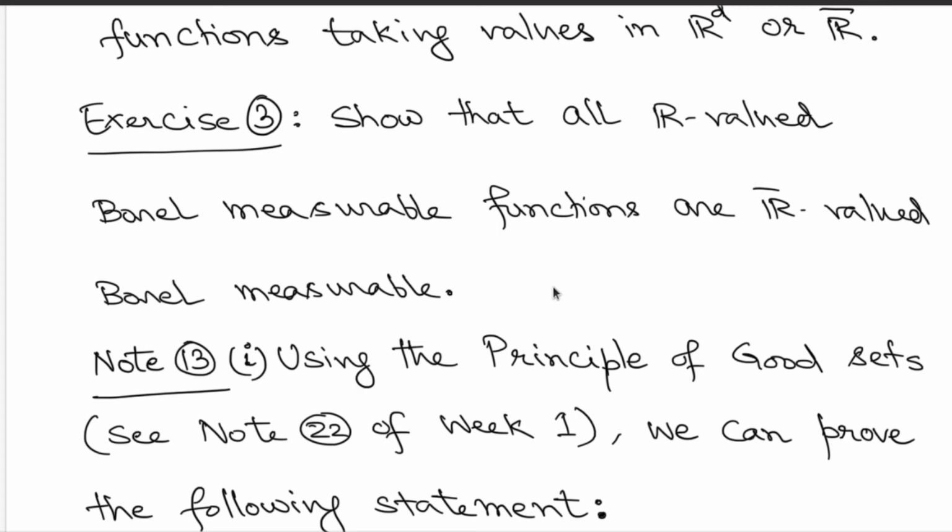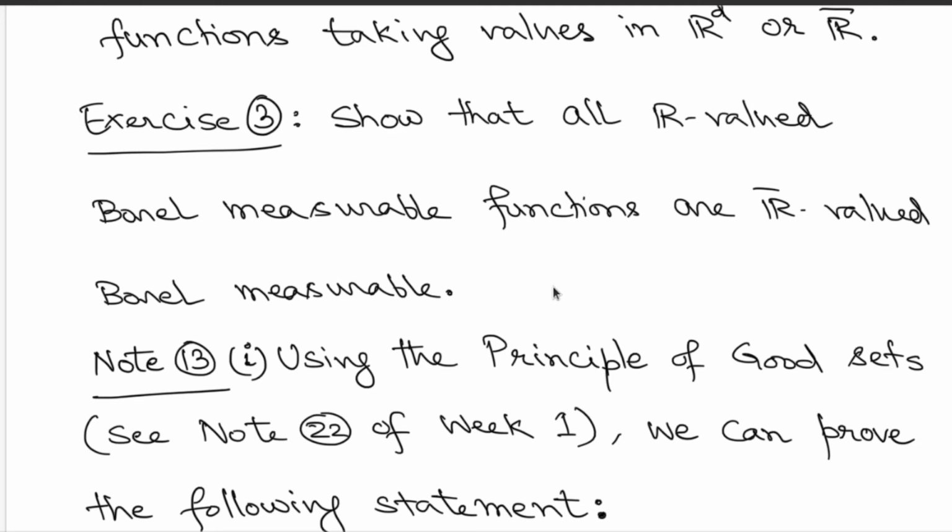So what is the meaning of this? Given a function on some domain omega with appropriate sigma fields, and with the range real line with the Borel sigma field on real line, if it is given to be measurable function, then you can now simply think of that function taking values in the extended real line, because the real line is contained in the extended real line. So you can as well think of all those functions as taking values in the extended real line.